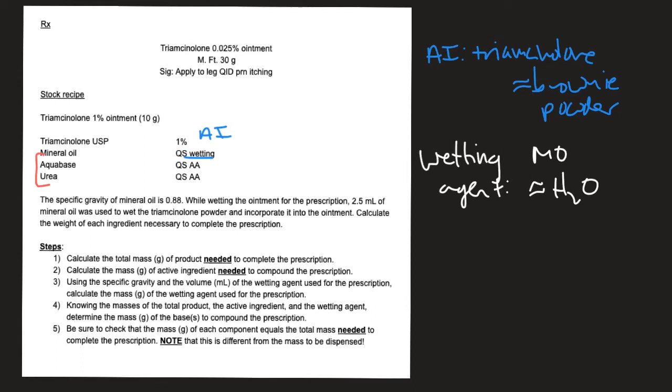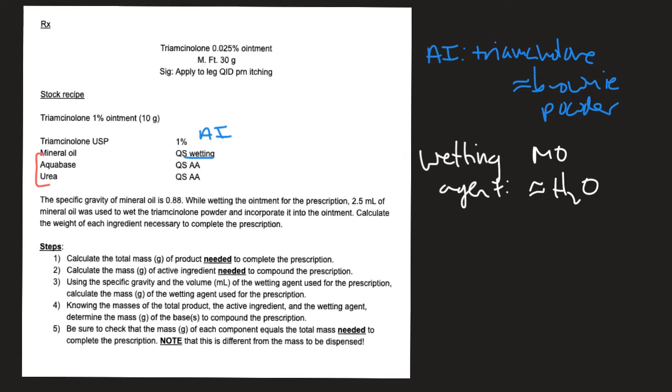So the wetting agent helps to get the brownie into a more solid product to put into the oven for baking. So basically the wetting agent, in here mineral oil, helps to wet the triamcinolone powder to help it get into a more solid product as a cream or an ointment.